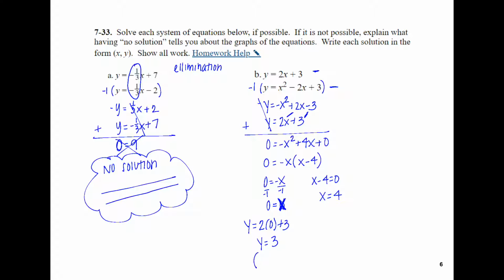So they are going to intersect at the ordered pair 0, 3. And when we plug in 4, 2 times 4 gives me 8, plus 3 gives me 11. So this line intersects this parabola at the ordered pairs 0, 3 and 4, 11.